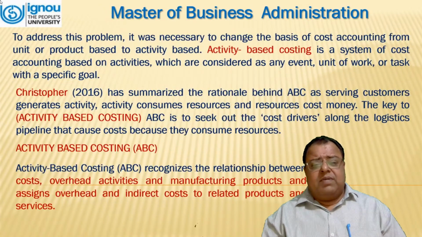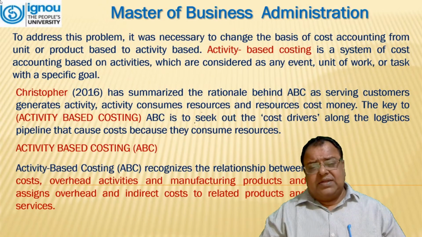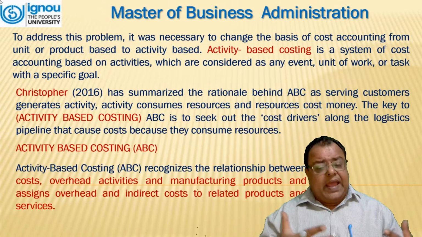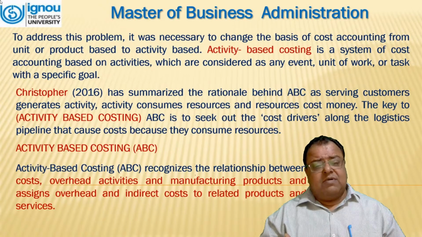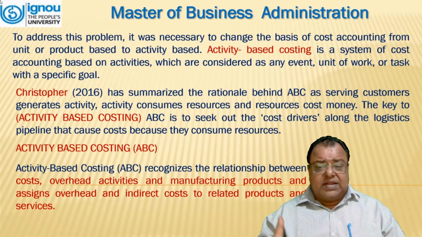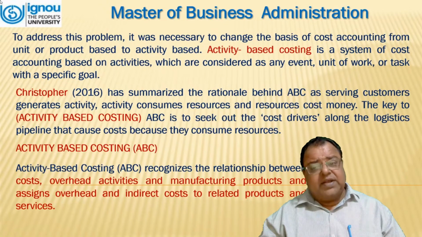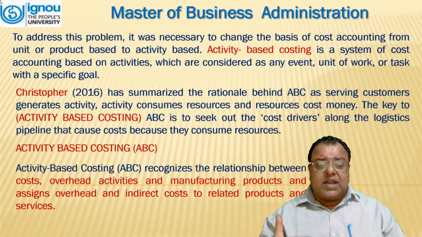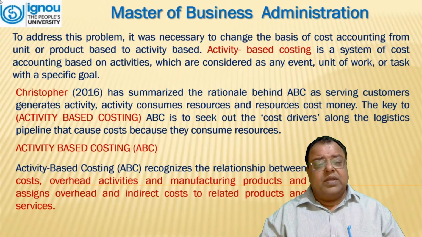To address this problem, it was necessary to take the basis of accounting from unit or product based to activity based. Activity based costing is a system of cost accounting based on activities, which are considered as any event, unit of work, or task with a specific goal.